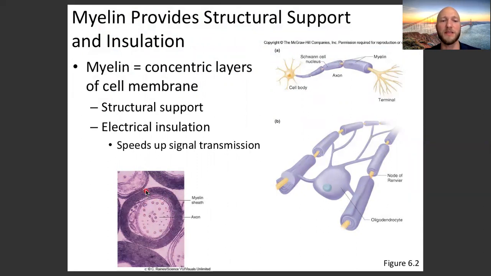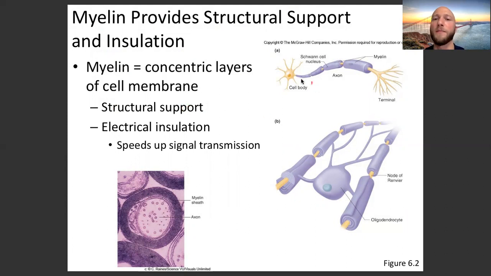It's all these layers. It's all these extra lipid layers. It's extra layers of cell membrane, of lipid membrane. It provides structural support, and it speeds up the rate at which signals are sent, which action potentials are sent.